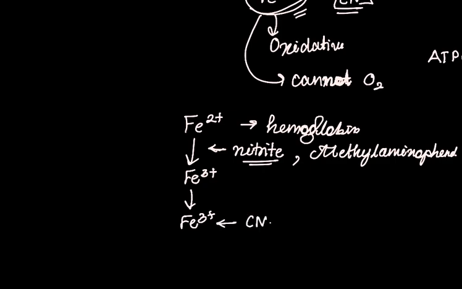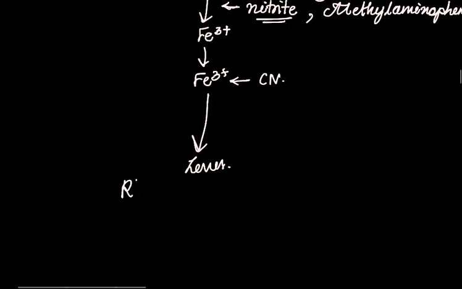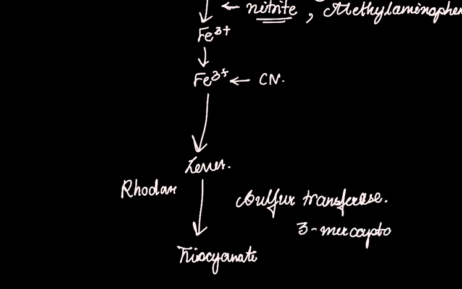Now this is sent to the liver. If the cyanide is less, even in smoking there is presence of cyanide, we have an enzyme known as rhodanese. Rhodanese can convert it into thiocyanate. However, if the cyanide is a lot, then we have to give sulfur transferases, like thiosulfate, a very important one, and we even have 3-mercaptopyruvate. 3-mercaptopyruvate can also convert it, and another is thiosulfate.